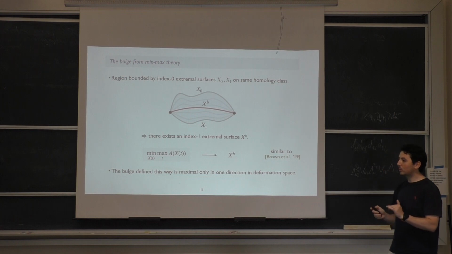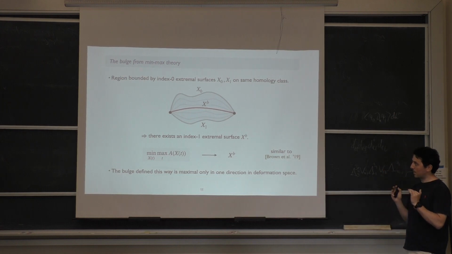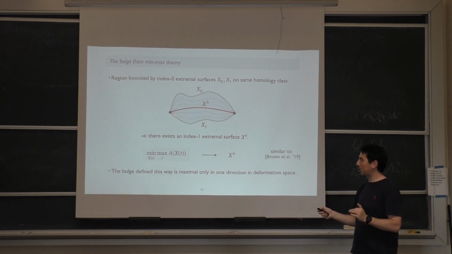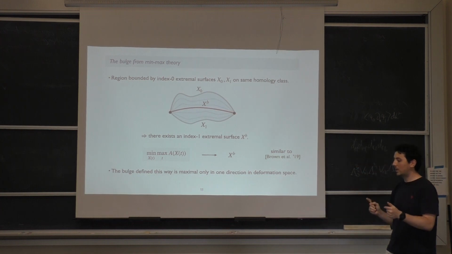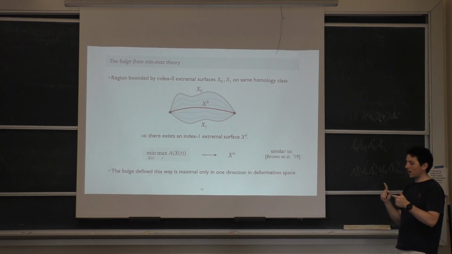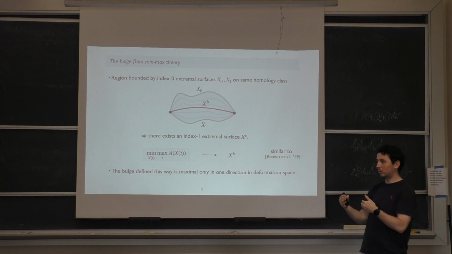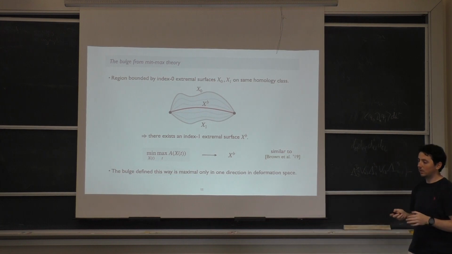But you have to also ask for additional conditions on the index 1 surfaces. The reason is that index 1 surfaces are maximal in one direction, so you have to align this direction in both cases in order for the other maximal direction to be in between the two. So it's not that trivial, it's not that general, but in principle, there could be.